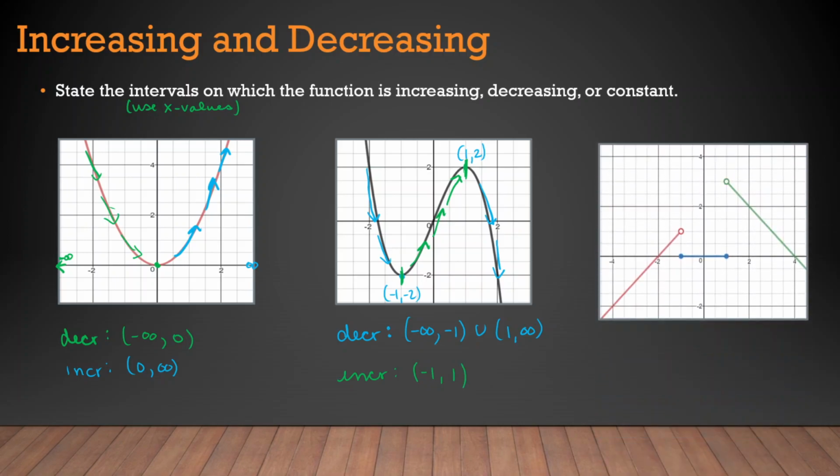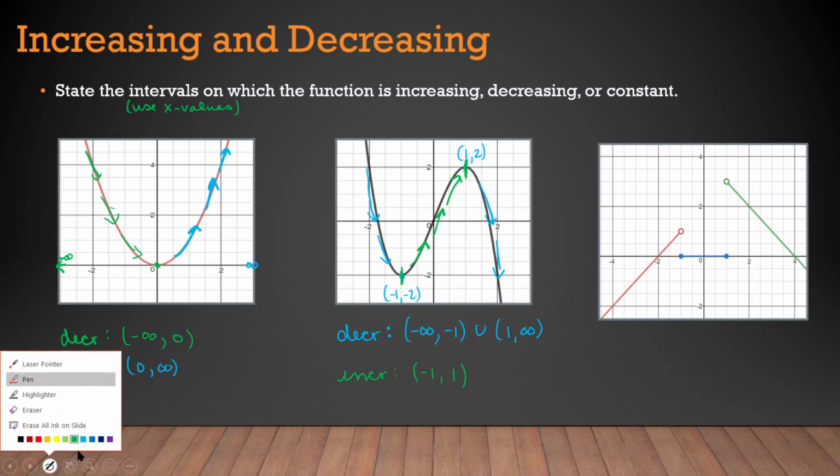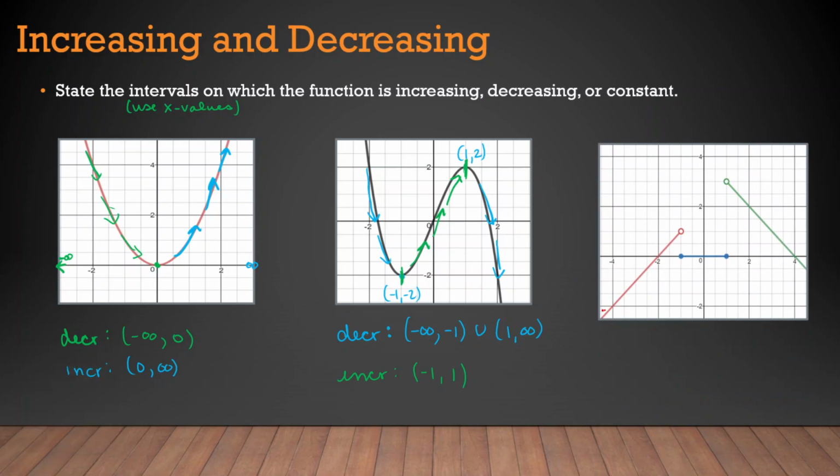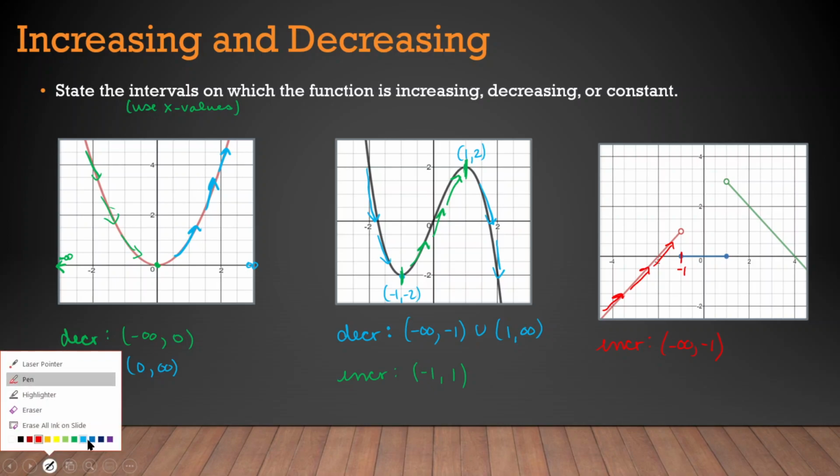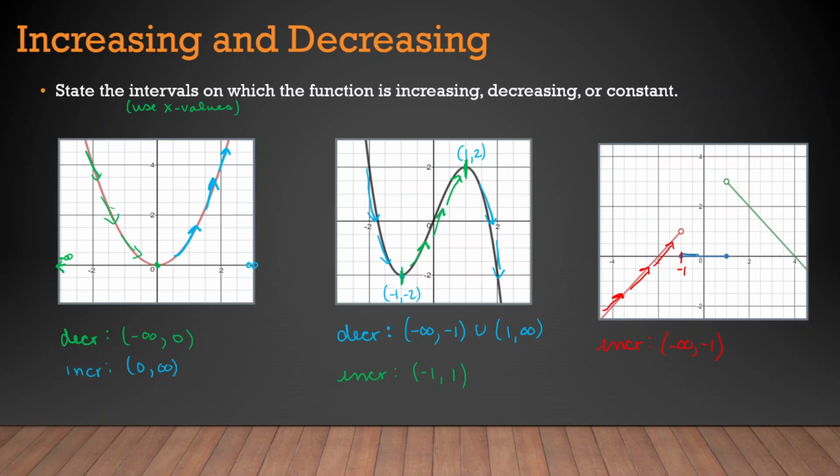Okay, third example. So the red part is going up. So we are increasing from negative infinity to whatever this x value is. It looks like that's at -1. And it is an open circle, so I will not include that endpoint. Okay. Then the blue part is going flat, so that's constant.